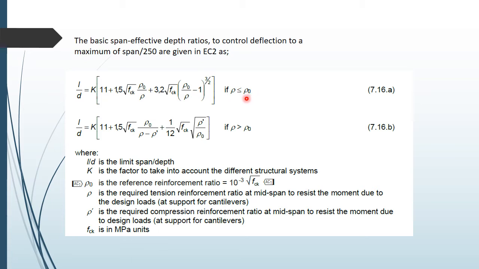What is rho 0? Rho 0 is the reference reinforcement ratio, calculated by 10 to the power of negative 3 times the square root of fck. This is the concrete strength. And rho is the tensile reinforcement ratio calculated as As divided by b times d.